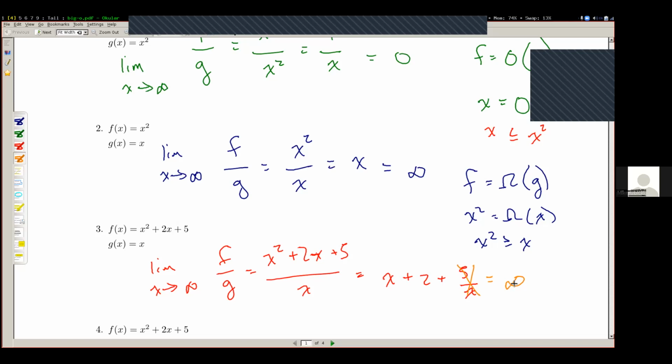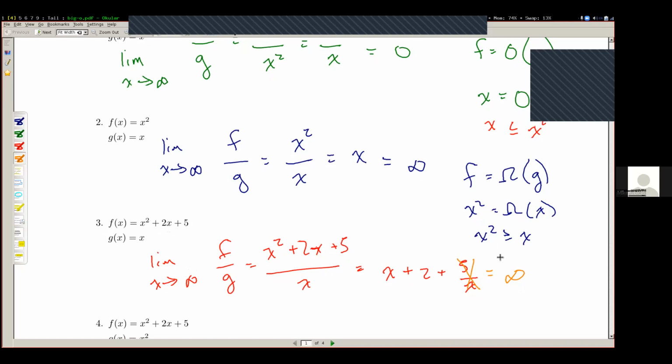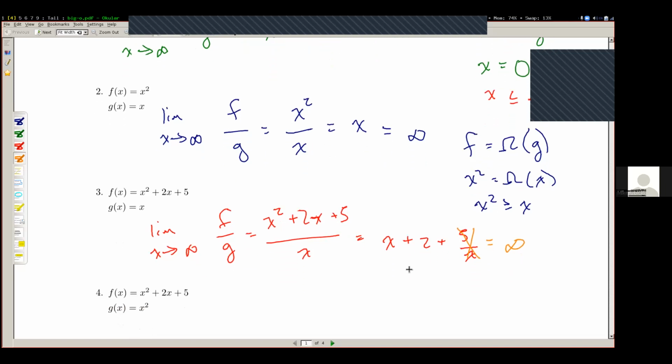And now we still have the same pattern that we had up here, that our expression went to infinity. And so we can say omega, but we can't say either O or theta. So here we can say that x squared plus 2x plus 5 is omega of x, or this is a lower bound of this thing over here.